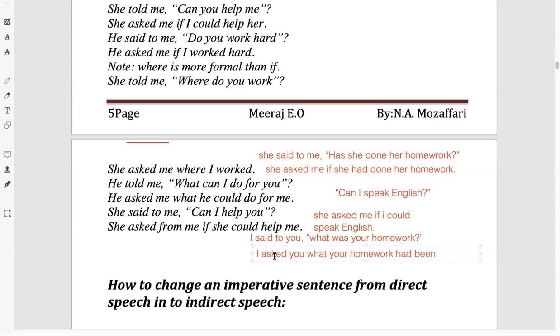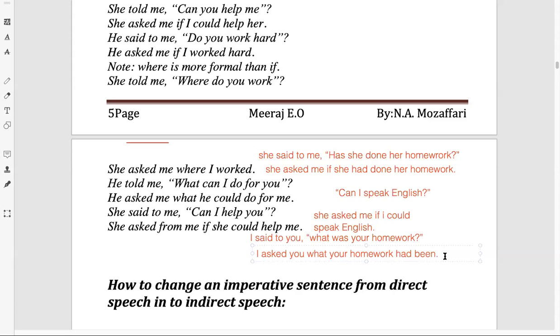Okay, always change your reporting verb to ask, and then if you have a WH word, you are not going to add if or whether, and just change the interrogative formula into affirmative, positive formula. Okay, and you don't use a comma or quotation marks in indirect speech. You don't use a question mark in indirect speech, and that's it.